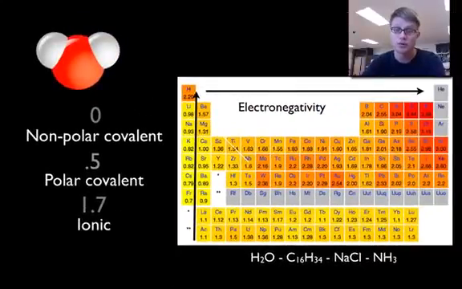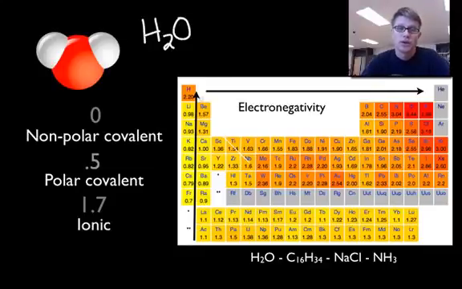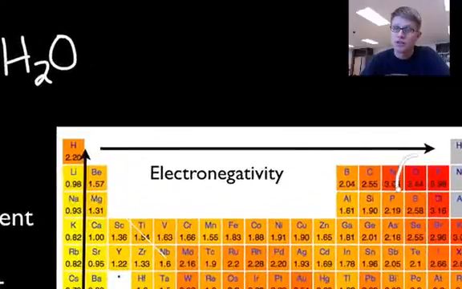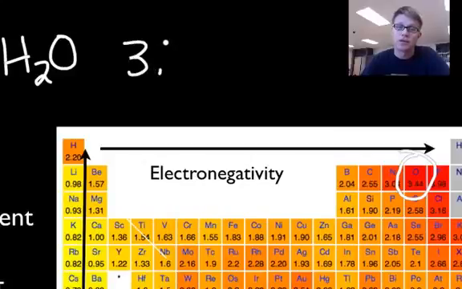So let's do some. For example, let's do water. You know that water is H2O. All we do is look up the electronegativity of the two atoms. Here's our hydrogen, and here's our oxygen. I'm just reading it on this chart, but in my class, you'd have to use your periodic table. Oxygen has an electronegativity of 3.44.